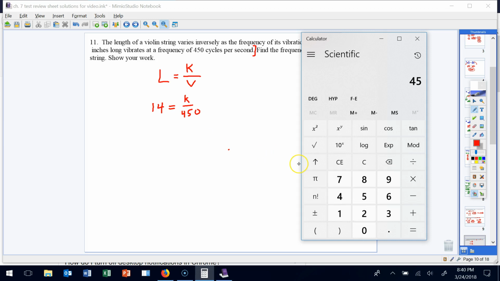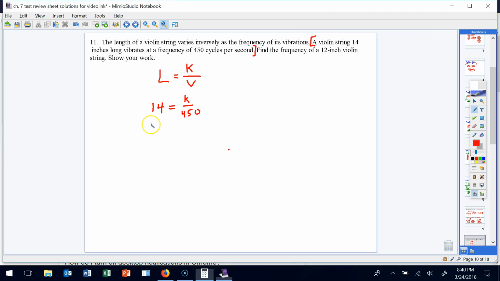So 450 times 14, that's 6,300 equals K. So now we know a specific model that represents this inverse variation relationship. L is equal to 6,300 divided by V.